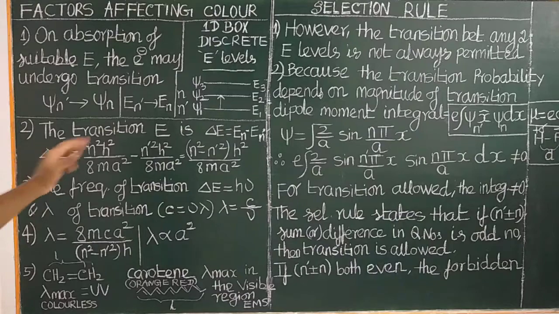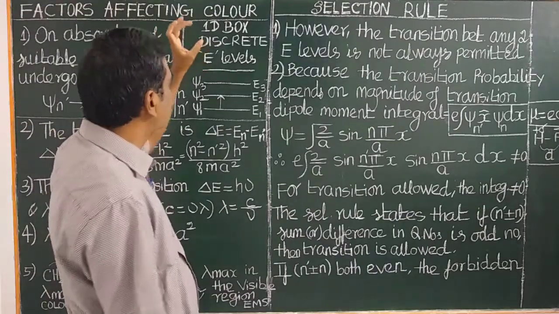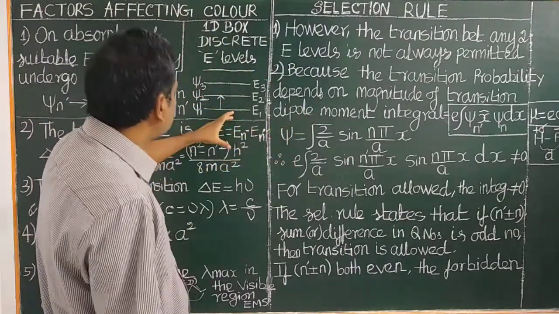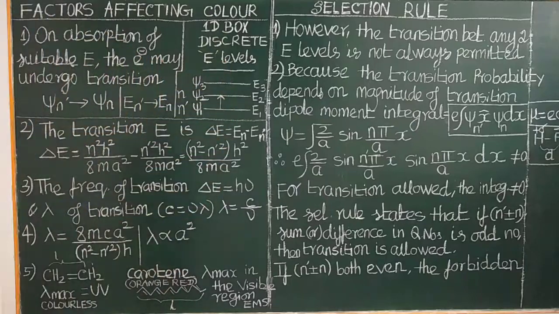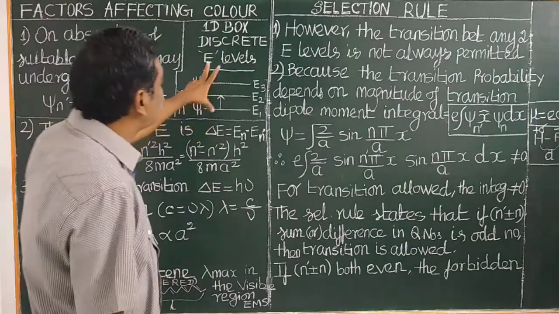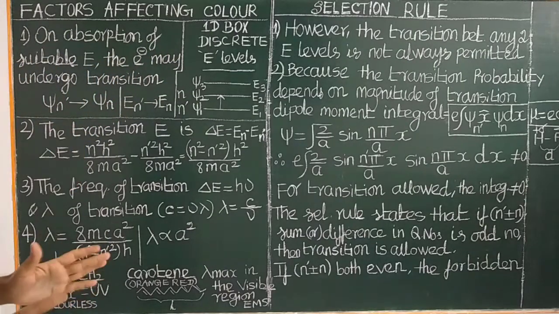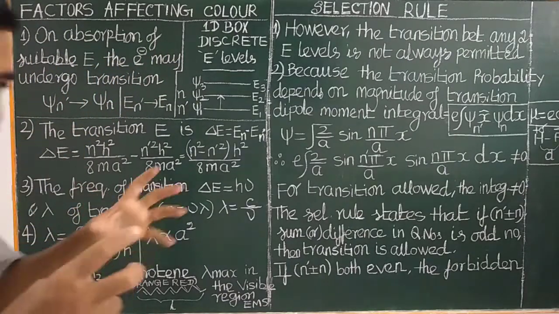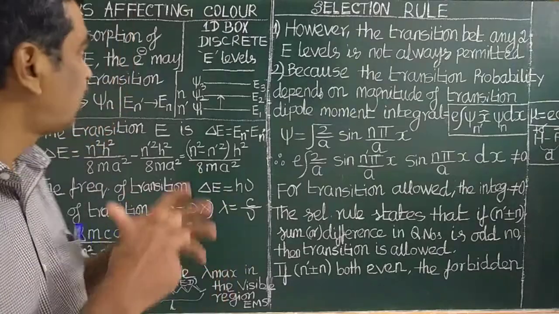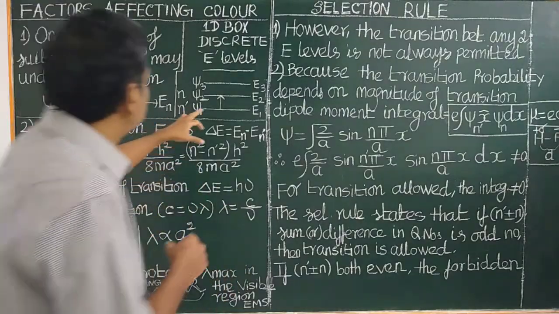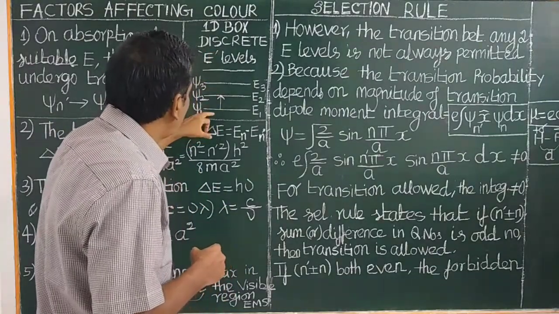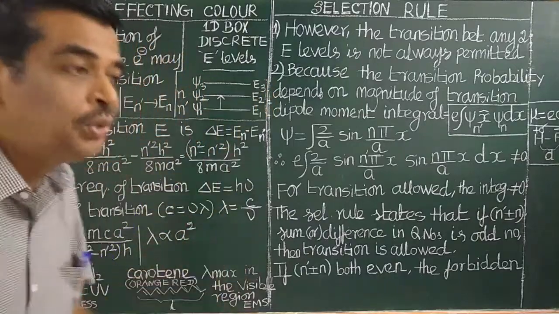Okay, first, let us consider an electron in one-dimensional box. The energy levels are shown in the figure. The energy levels are discrete. In the case of one-dimensional box, the electron is bound. Therefore, the energy levels are discrete. They are not continuous.